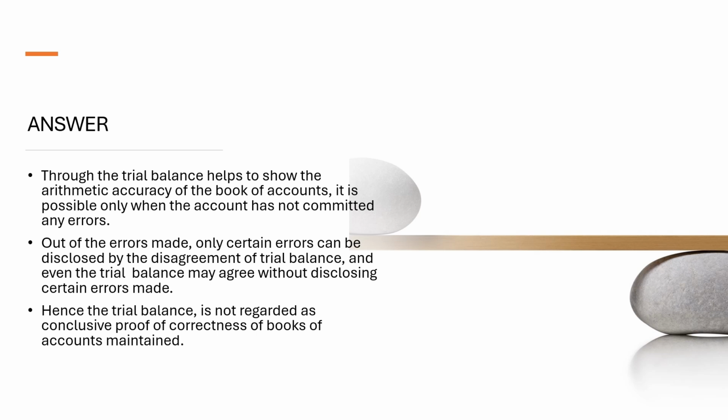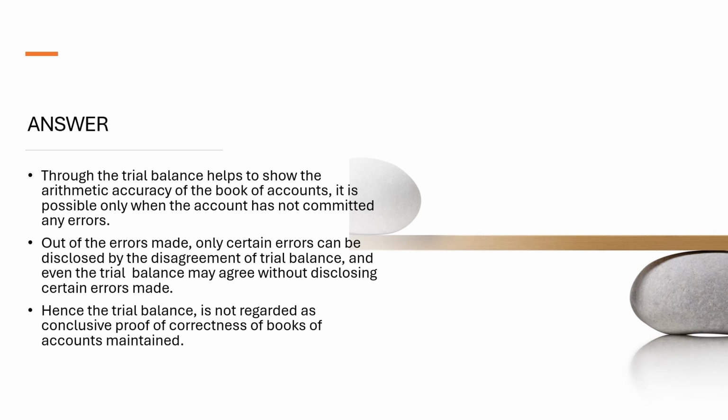But out of the errors made, there are possibilities that they can disclose a disagreement of the trial balance, and even the trial balance may agree without disclosing certain errors made. Hence, the trial balance is not regarded as a conclusive proof of correctness of the books of accounts maintained.